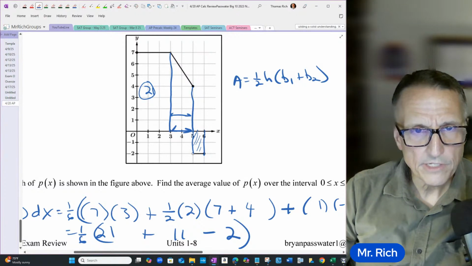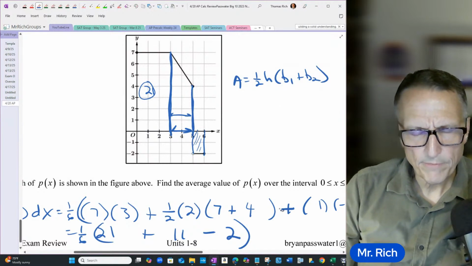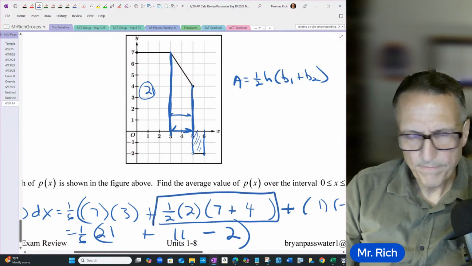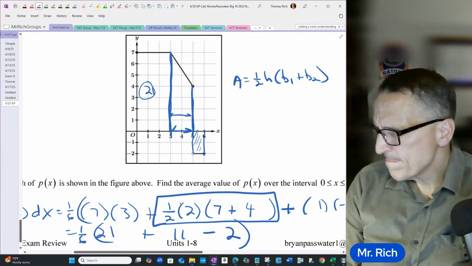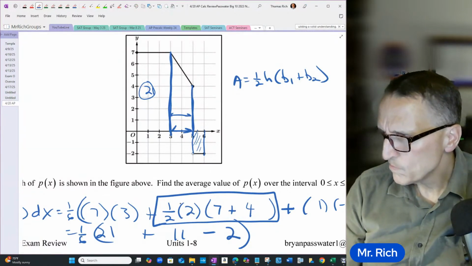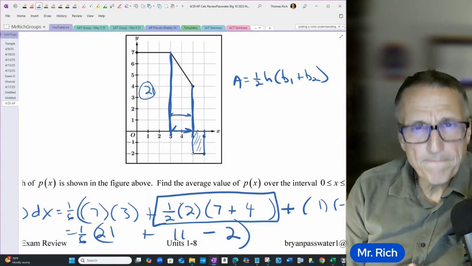The bases, this is base 1, 7. This is base 2, 4. So 7 plus 4. So that is the calculation for the area of that trapezoid. Does that help, Sadie? If that's what you were asking about.